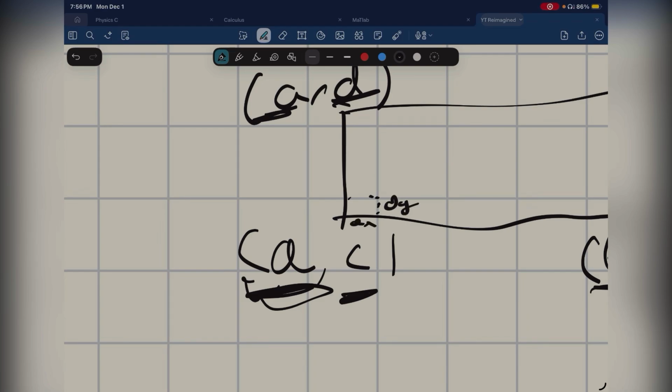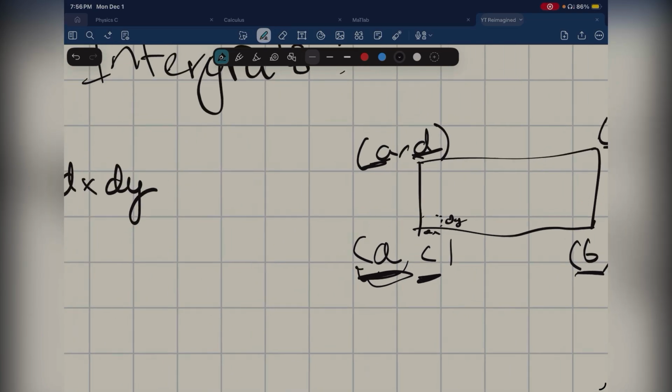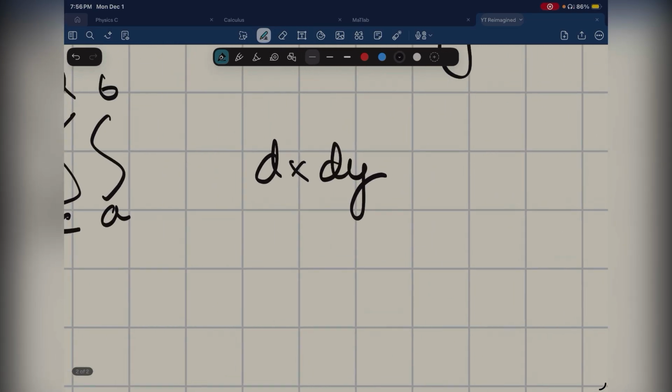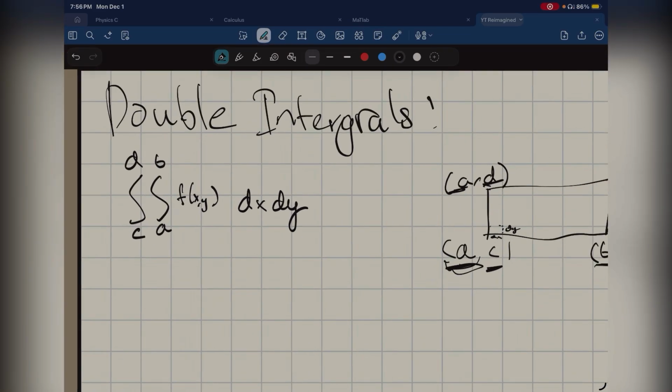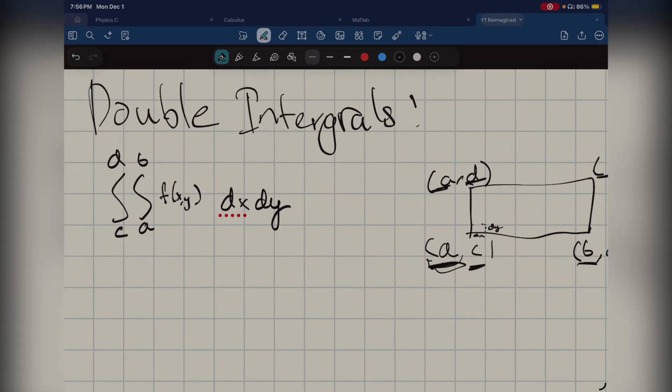We find that small area component and multiply it by the height, which is going to be f of x, y at that point. So this is how you typically do it.